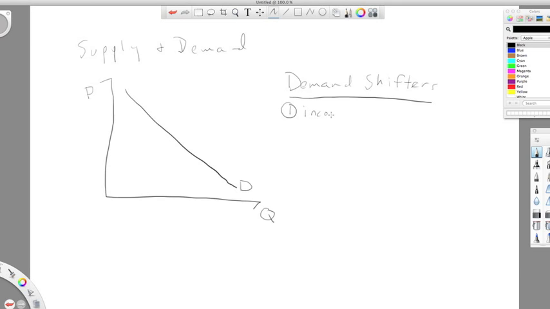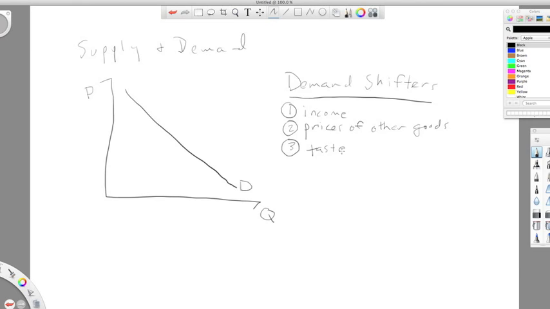So let's just jot those things down. So we have income, we have prices of other goods. These are going to be substitutes or complements. And number 3, other things that are on this list. Oh, it's a poor job of an F. Let's correct that. There we go. Other things on this list. 3, tastes and preferences.